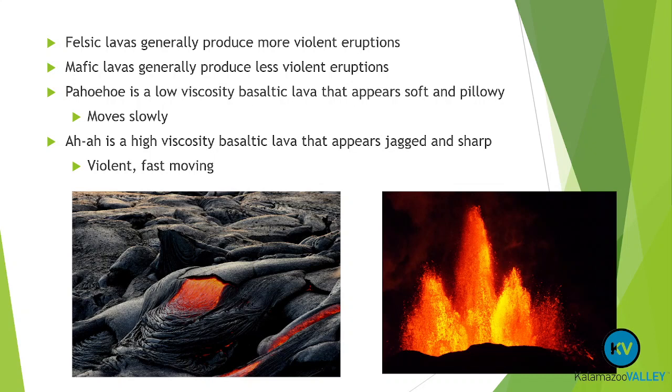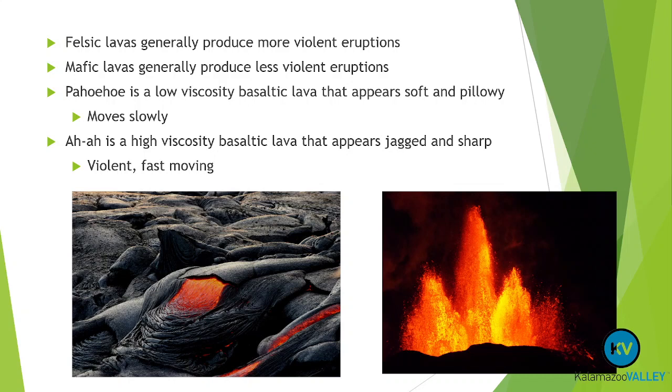Alternatively, we can have aa lava, and a good way of remembering that is that if you were to step on it, even if it's cooled and solidified, it would be jagged, and you would say ah. So aa is a high viscosity basaltic lava. Also, this term was coined in Hawaii as well.